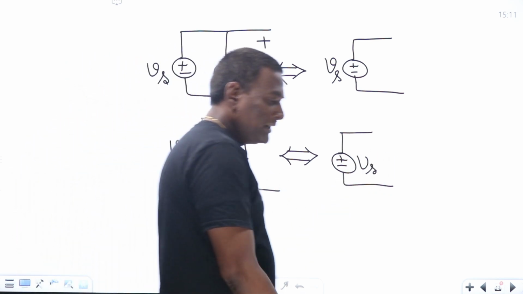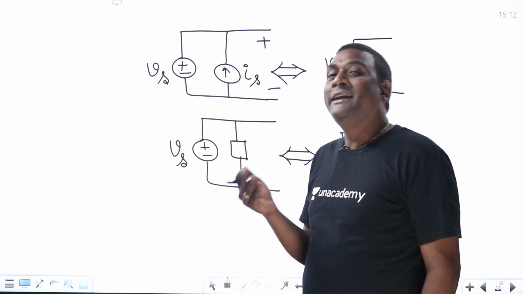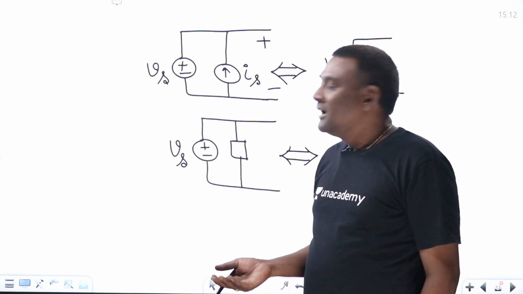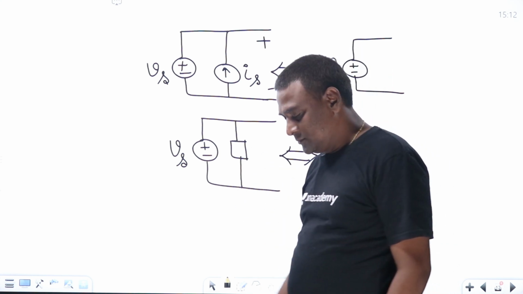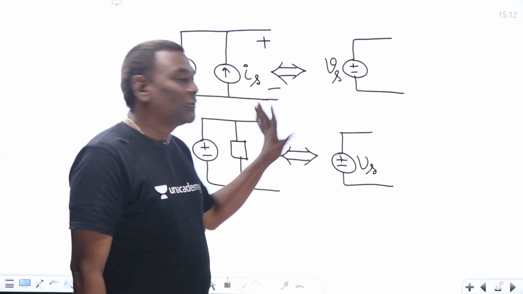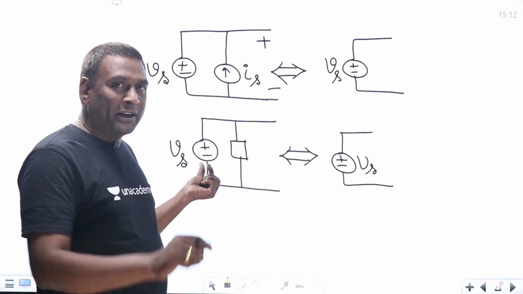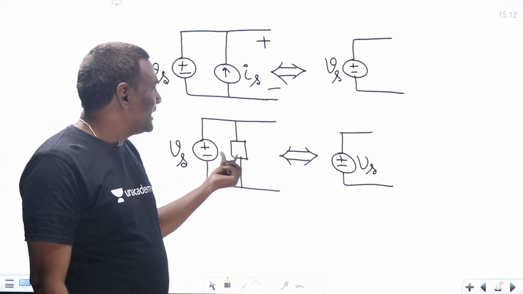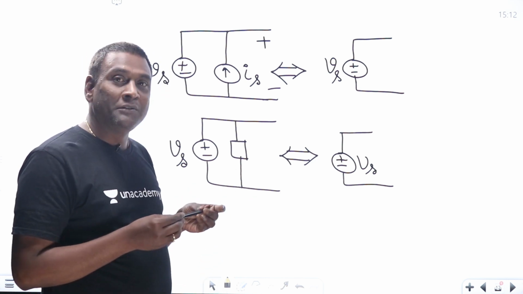What does it mean? Anything connected in parallel with an ideal voltage source can be neglected, and that equivalent can be modeled with only the voltage source, provided some information is being asked about the external world. You have to make a note of this: anything connected in parallel with an ideal voltage source can be neglected in applying KVL.